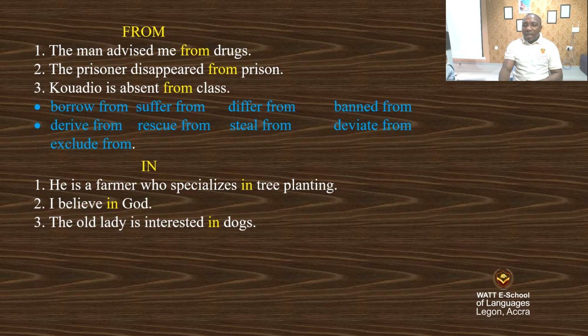Let me take the in again. He is a farmer who specializes in tree planting. I believe in God. The old lady is interested in dogs. So let's have a look at the words that go with in.